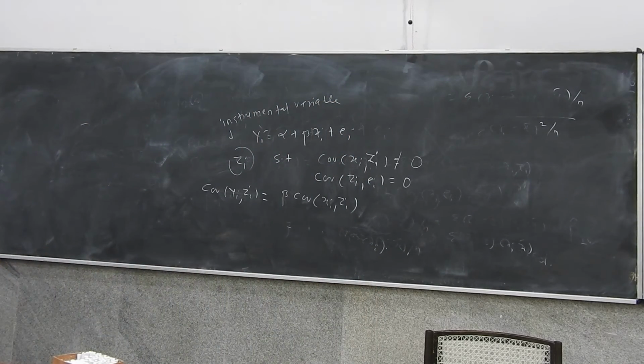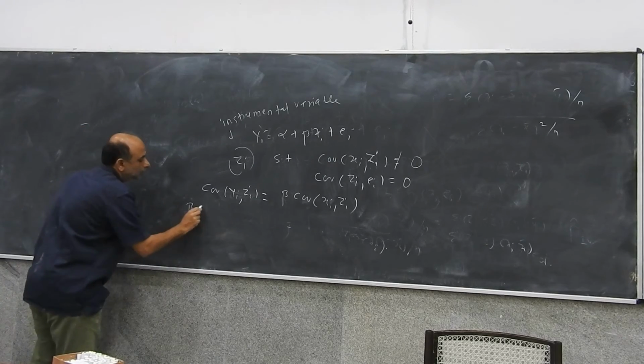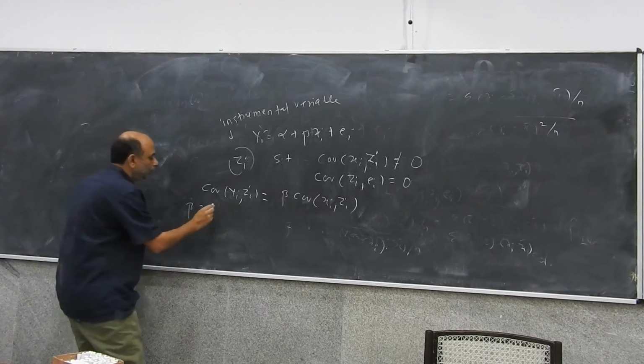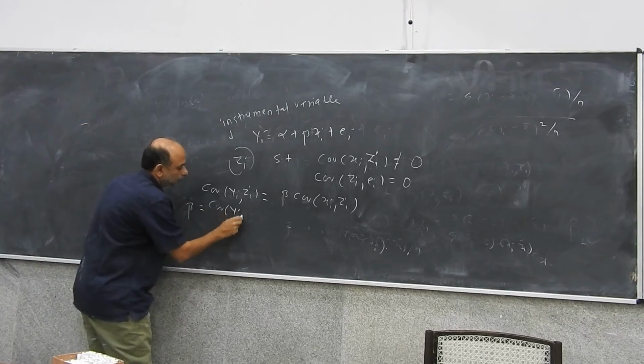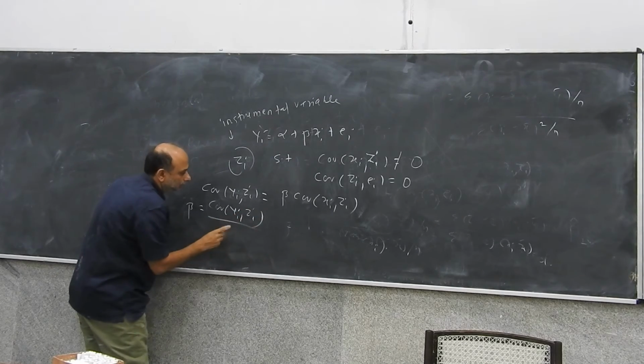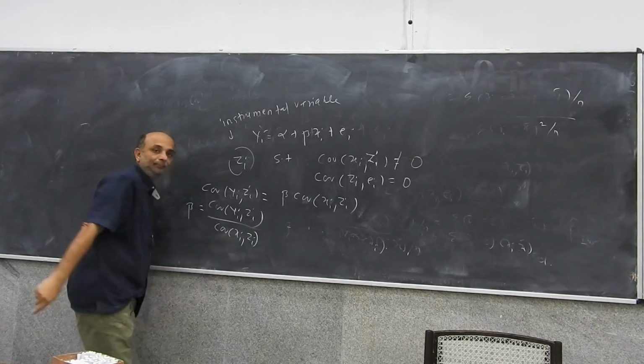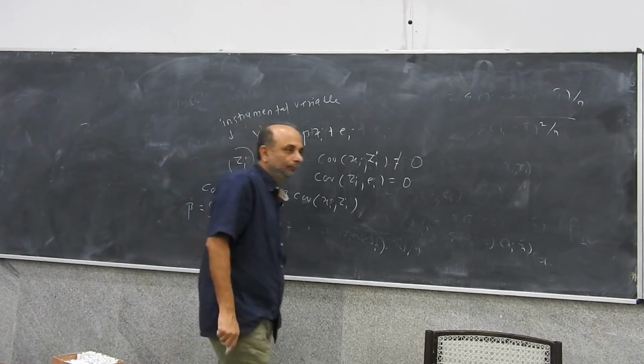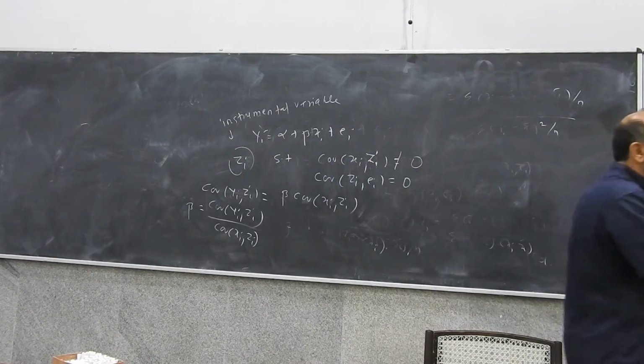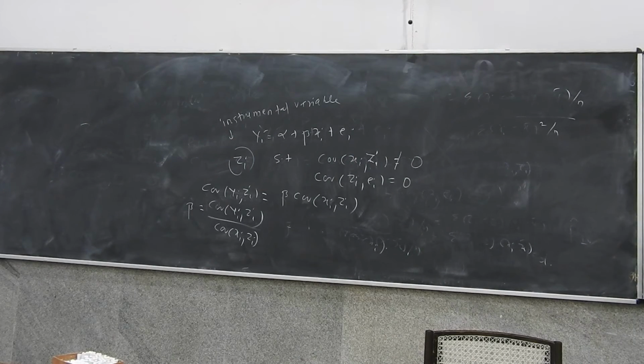Okay, so beta becomes now covariance yi zi upon covariance xi zi.